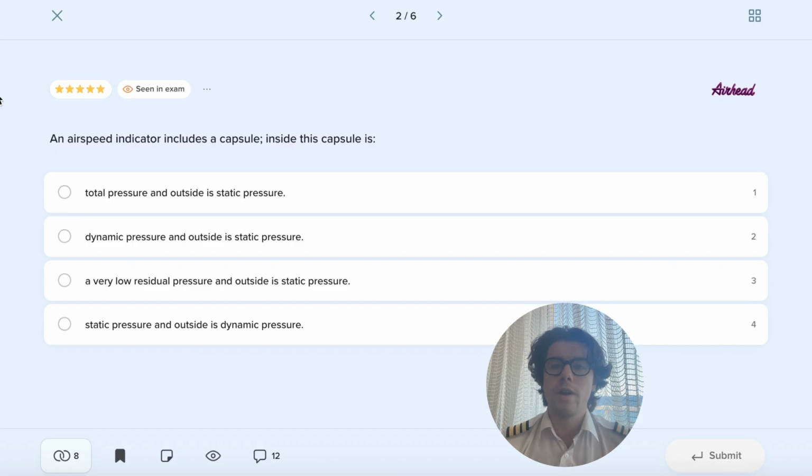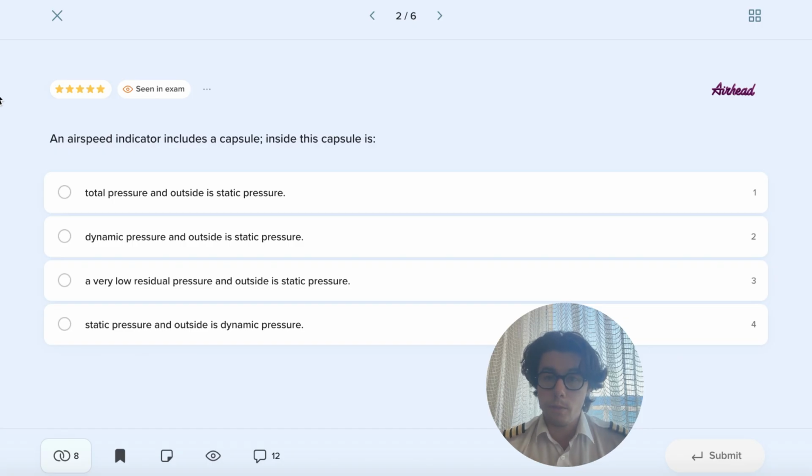So how do we correct for the static pressure, and how do we get the dynamic pressure reading? Our aircraft actually does not measure dynamic pressure directly. It uses a very simple equation, which is total pressure minus the static, and then we have the dynamic pressure.